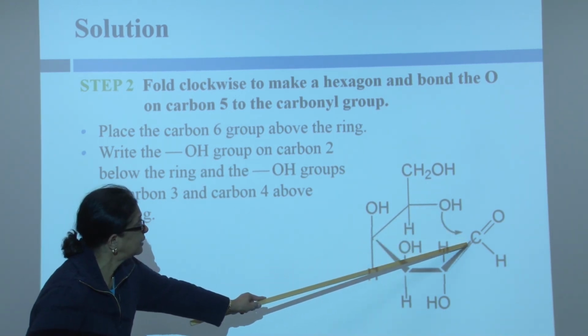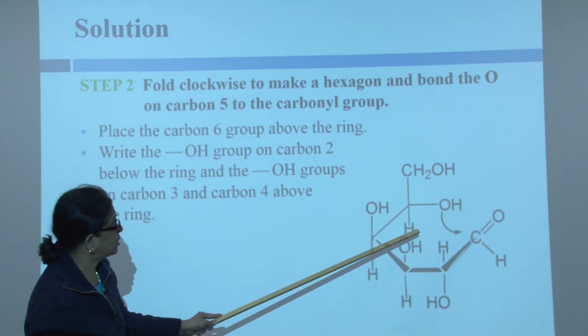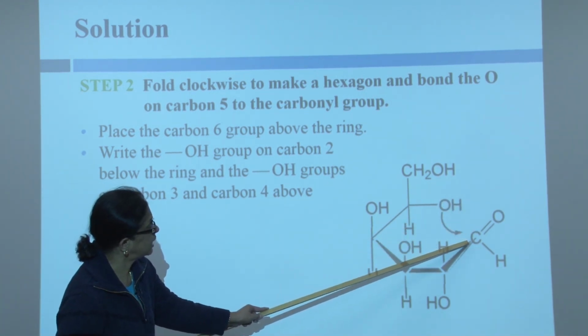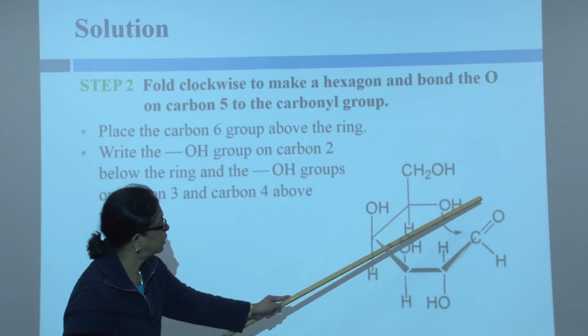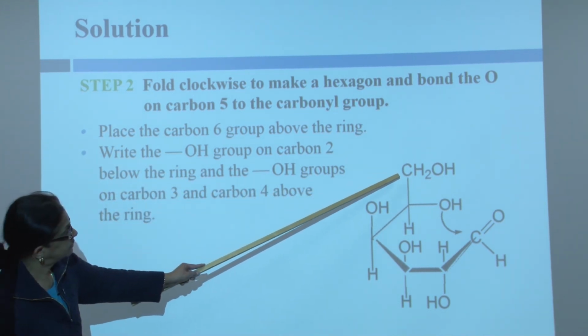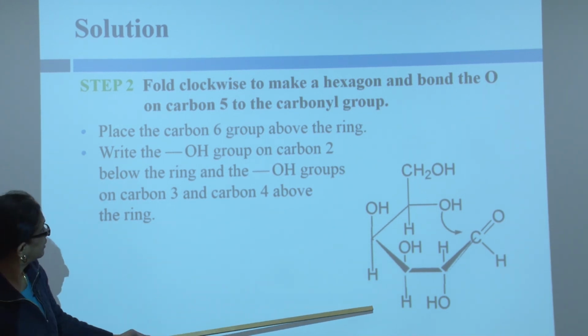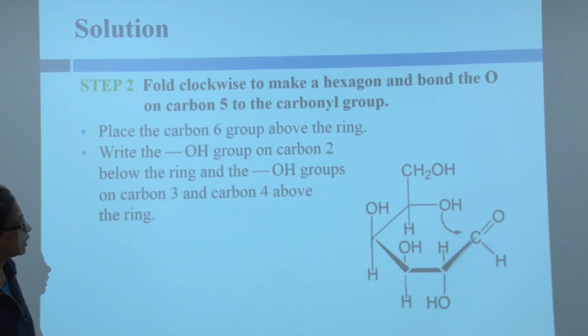We draw a bond. Not the OH, but the O connects to the C, and H connects to the O. So place carbon 6 above the ring. This is carbon 6. Write the OH group on carbon 2 below the ring, and the OH groups on carbon 3 and 4 above the ring. So that's where you set up a galactose molecule.